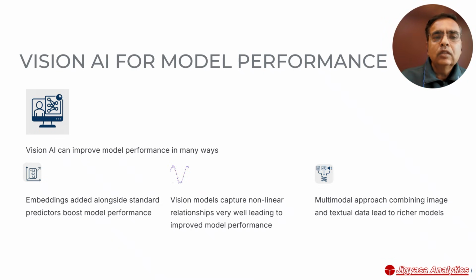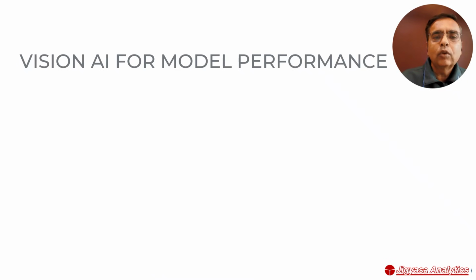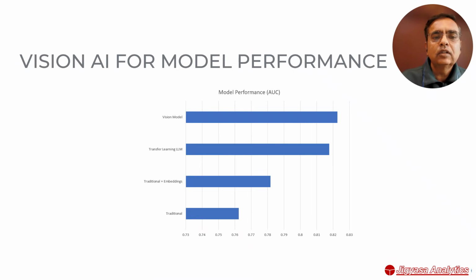Now, using Vision AI on the same sample, we were able to improve our model performance even further. So I showed you the same chart, and this was done with the same data set. Now I've added another data point here for the vision model.